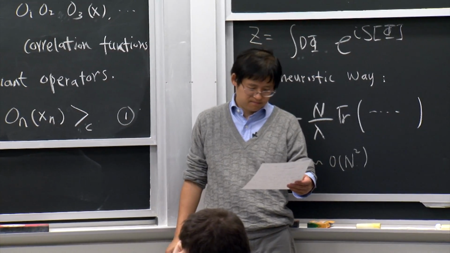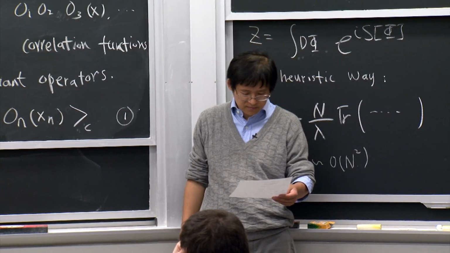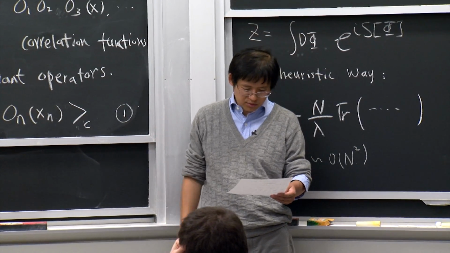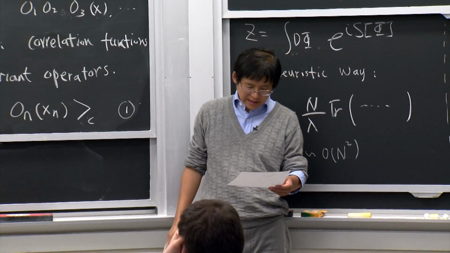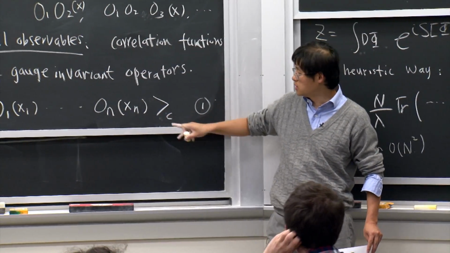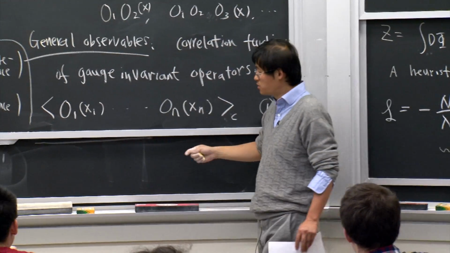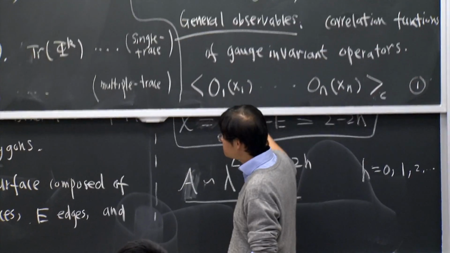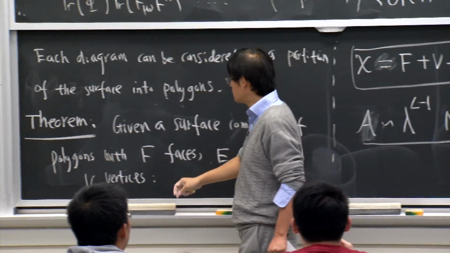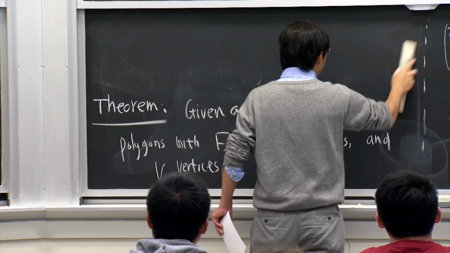One way to do it is you just start immediately calculating, and then you can find some rules, etc. But actually, there's a very simple trick to determine the N-dependence of this. So now I will explain. I will not give you any examples because this trick is so nice, and it just works very easily.